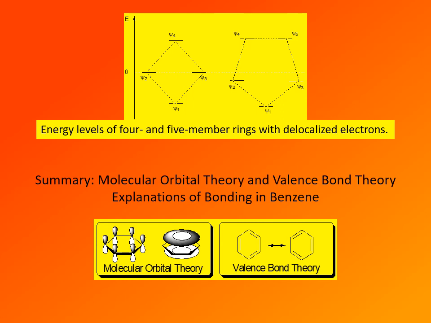Valence bond theory represents electron delocalization in benzene by invoking the concept of resonance. It represents benzene as a resonance hybrid of two individual Lewis structures with alternating double bonds. The actual structure of benzene is a combination of the two, somewhere between the two.